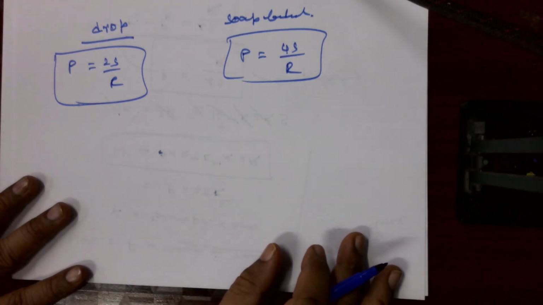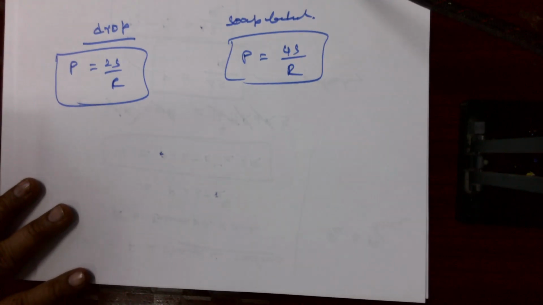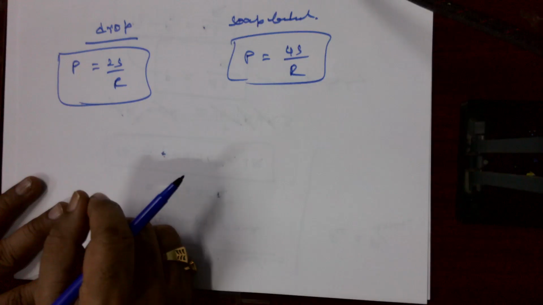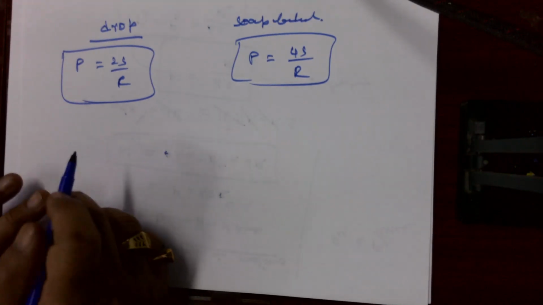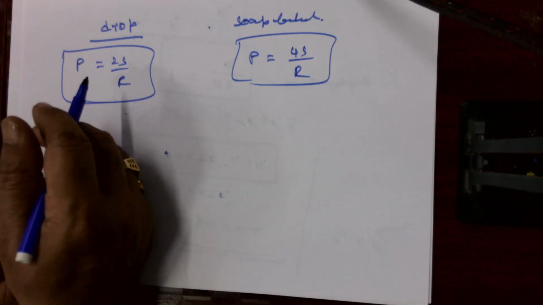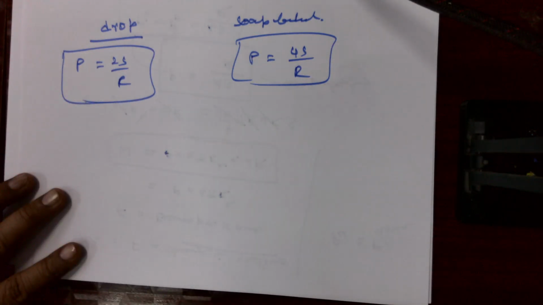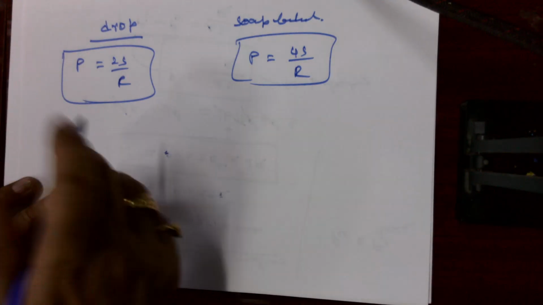Now listen to me. When an air bubble of radius R lies at a depth h below the free surface of a liquid of a particular density, you have to include the pressure responsible for the depth inside the liquid.